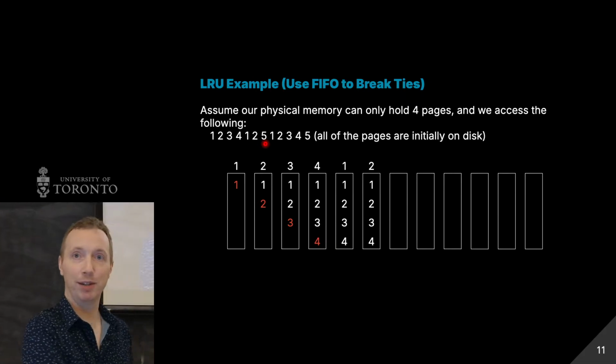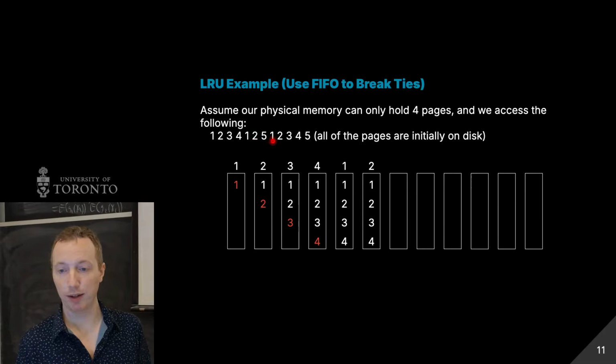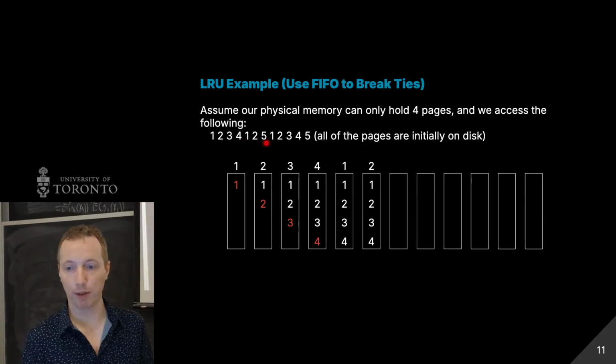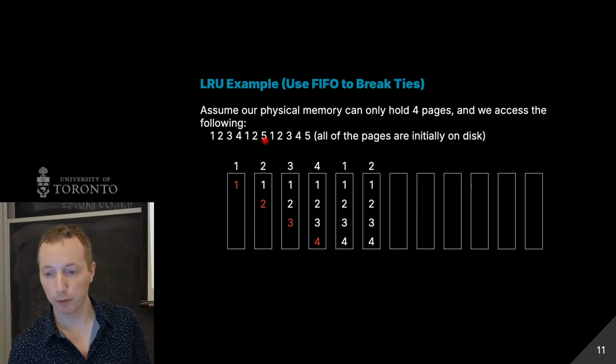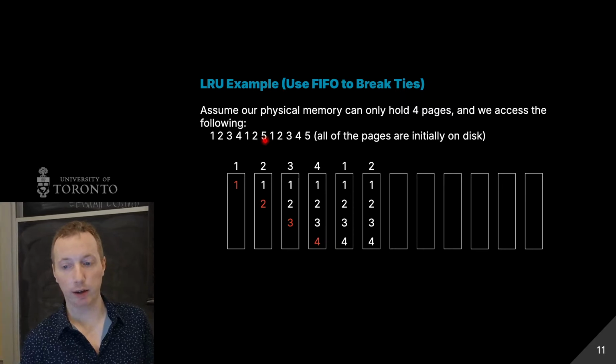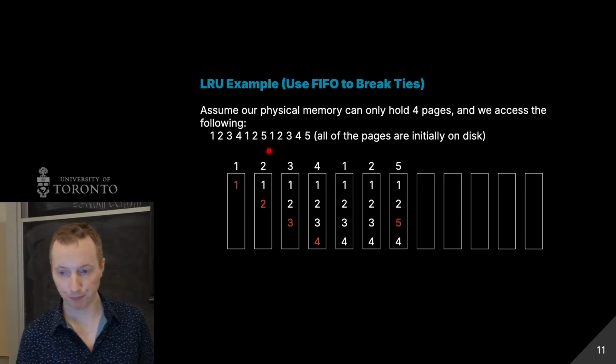Everyone see 3? So it's not 2 because we just used it. It's not 1 since we just used it before that. It's not 4, so we only have 1 left. That's the least recently used one. So we replace the 3 with 5. So now it looks like this.